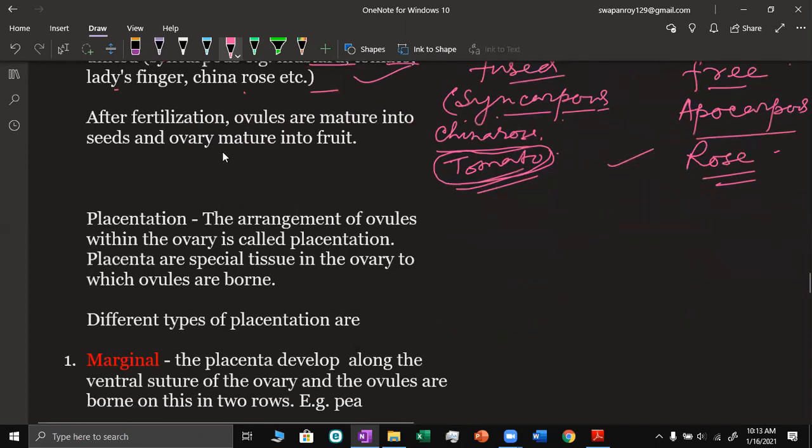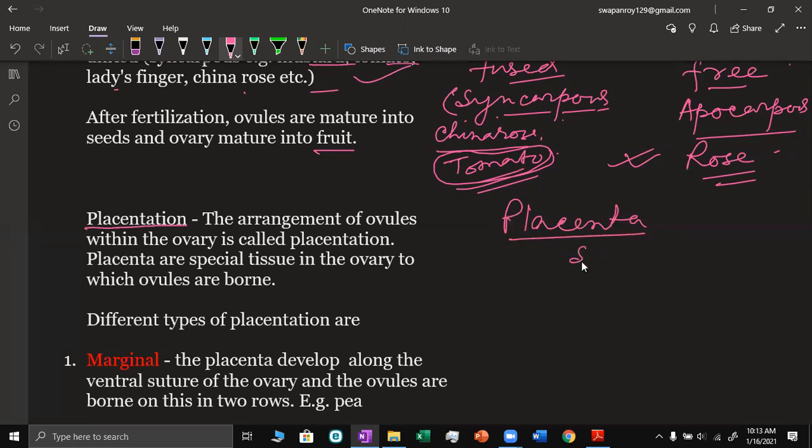After fertilization, the ovary makes the fruit, and within the ovary the ovules develop, which later on mature into seed. This arrangement of the ovules is known as placentation, because the ovules are attached to the ovary wall through a special tissue. That tissue is known as placenta.